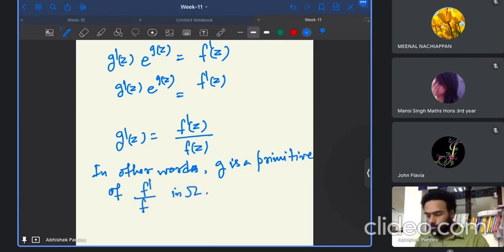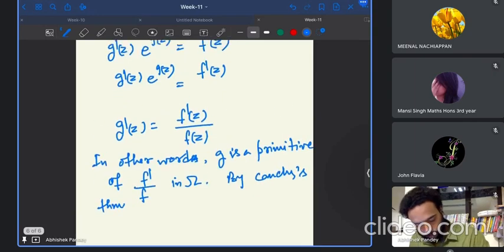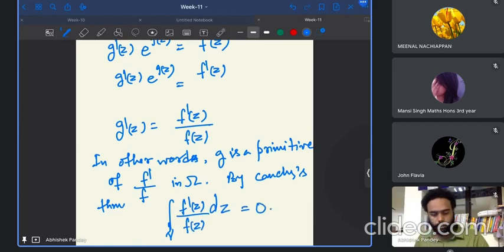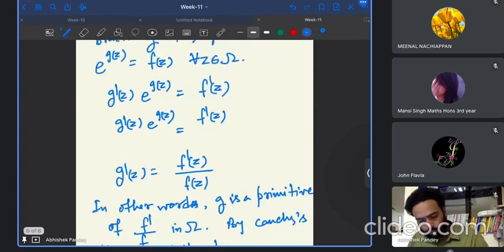Okay, so by Cauchy's theorem, the integral over gamma of f dash z by f(z) dz is going to be 0. So one side is done. Once you have a branch, this has to be, so this is rather easy.